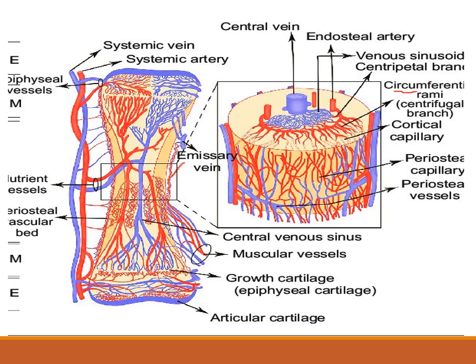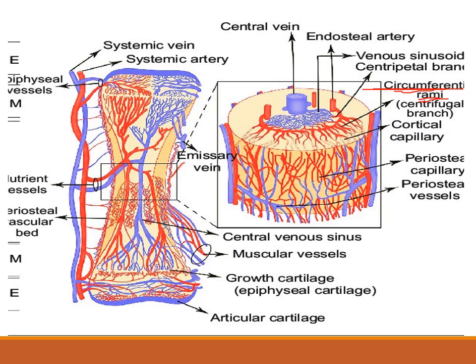These circumferential rami then give two types of branches. Number one runs towards the center, towards the medullary cavity. These are the central branches, and they unite with the venous sinusoids present in the medullary cavity.